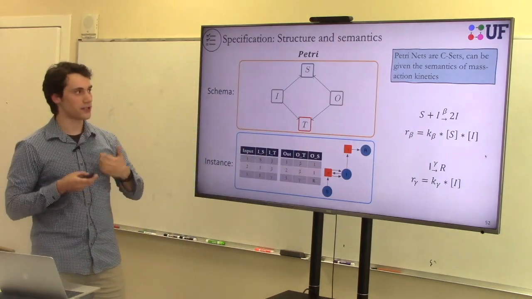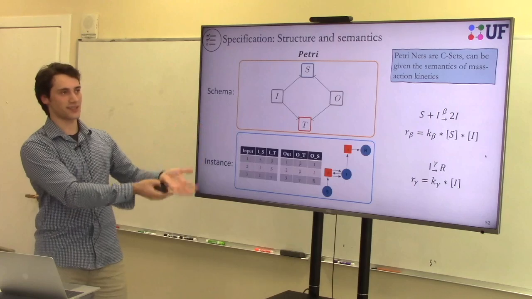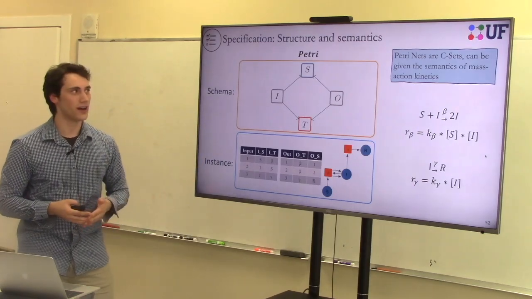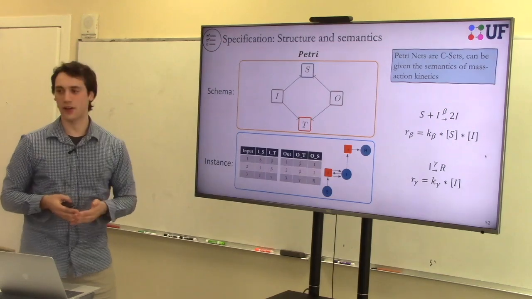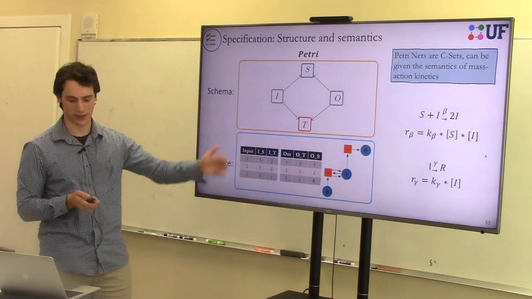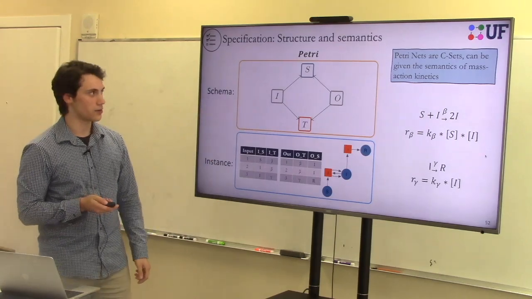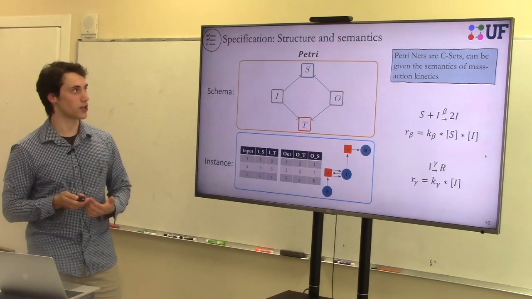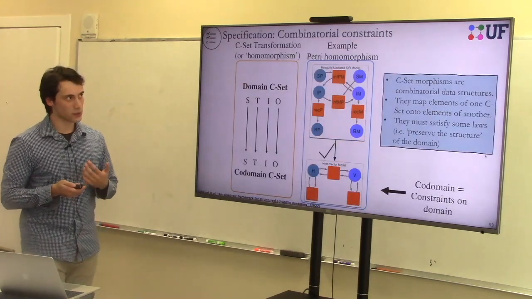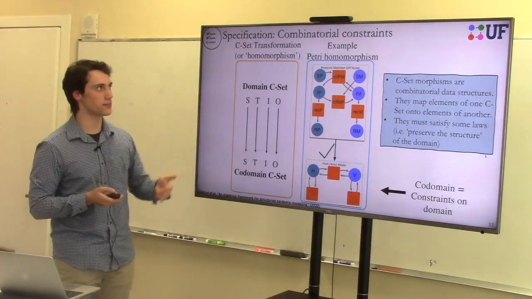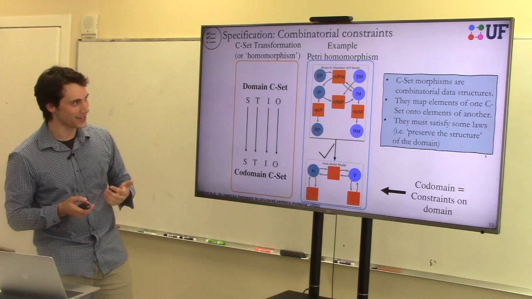So if I were to just stop here and say this is our model of epidemiology or our model of chemistry, it wouldn't be encoding that much scientific knowledge at all. It's not saying much just from this data structure. And so in order to move forward, I need to introduce a new combinatorial data structure. So this one is called a cset transformation or a homomorphism or a morphism, lots of names.